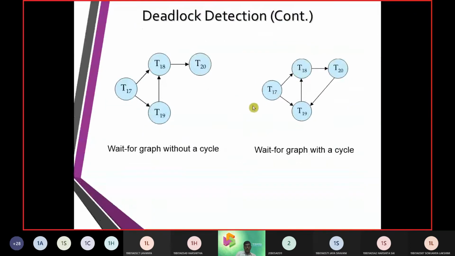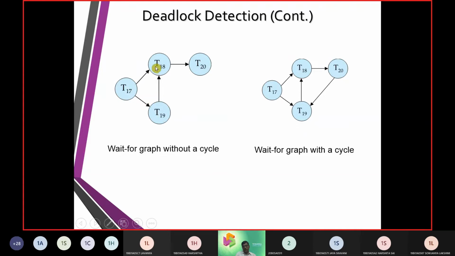So here is a system model for drawing a graph. We have the order. First it should be T17, then it moves to T18, and then it goes to T20. This is one order, and you can see T17 to T19 and T18.